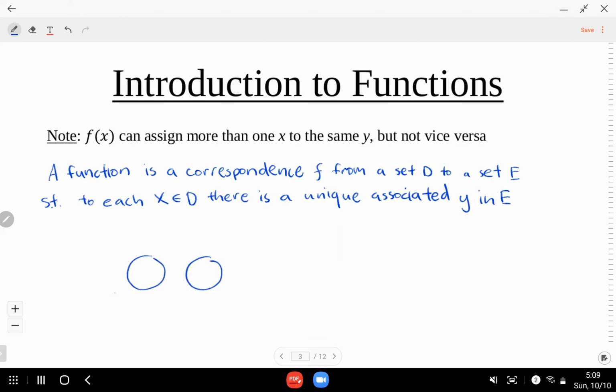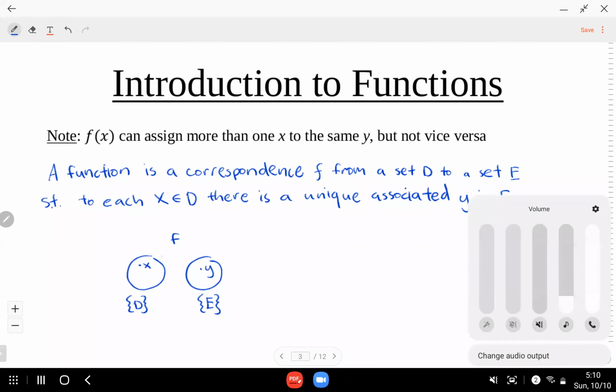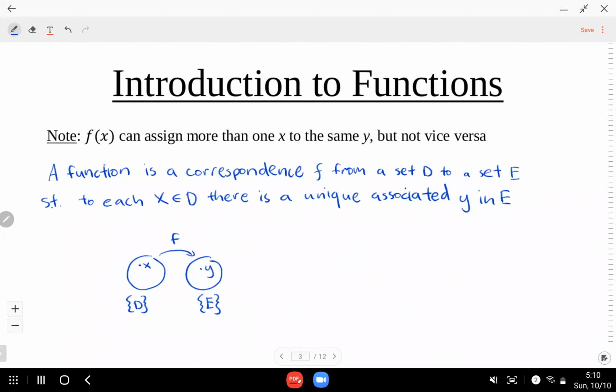These two circles, this represents set D, and this represents set E. For each X in D, there's a special Y in E. So that means that F is the correspondence from a set D to a set E. So that is what a function is.